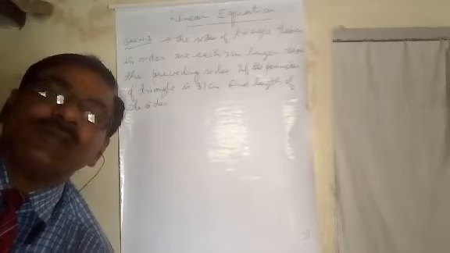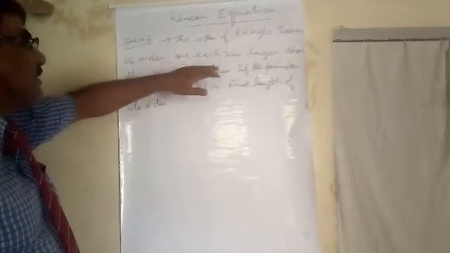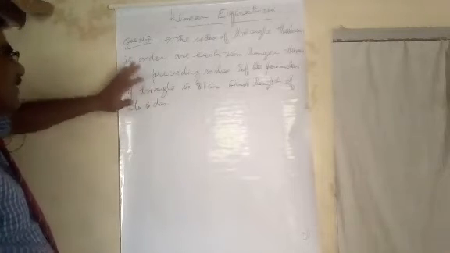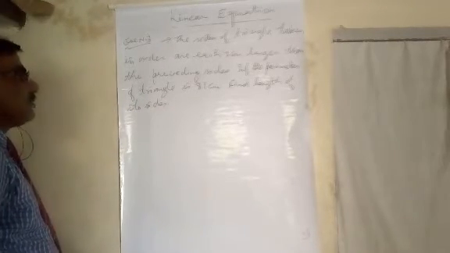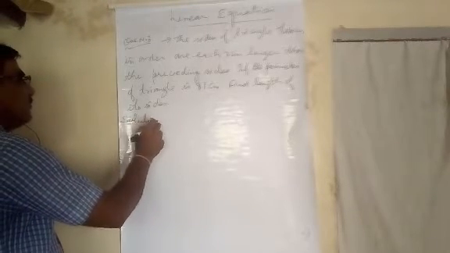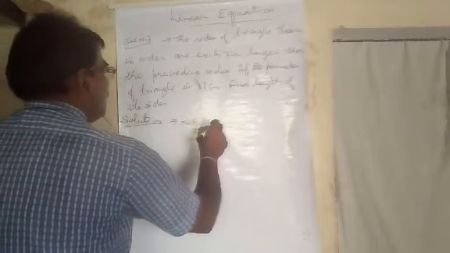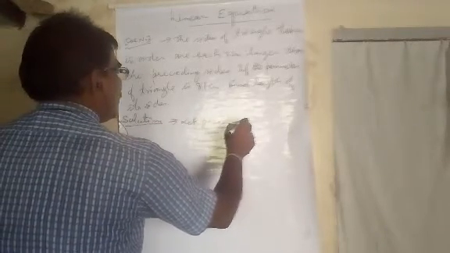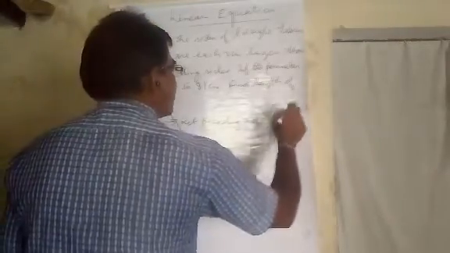In the given question, you are given that the sides of triangle taken in order are each 3 centimeter longer than the preceding side. Preceding side is unknown, so suppose that preceding side be x.